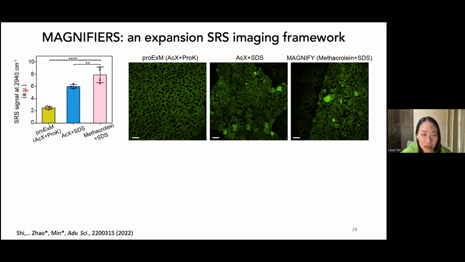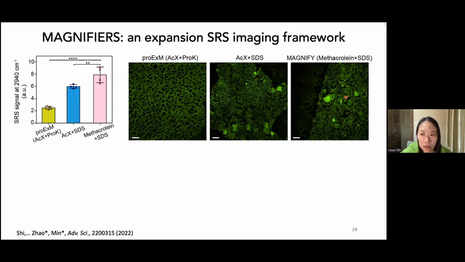First, we found a nearly 100% protein retention rate. Also, if you compare the pink with the yellow bar, a substantially higher retention rate is achieved with our method compared to the protein retention expansion microscopy recipe.